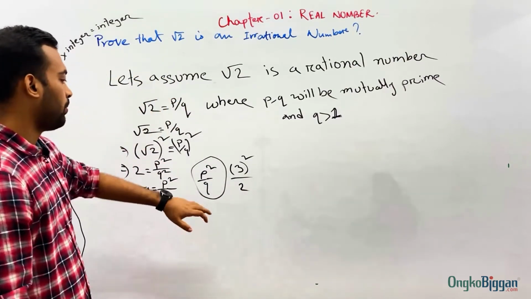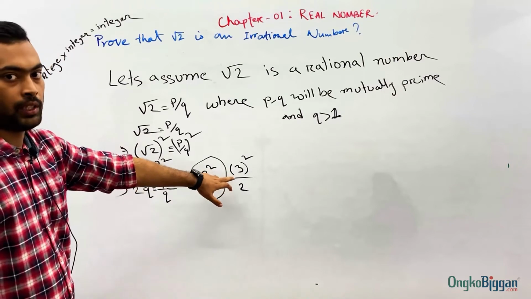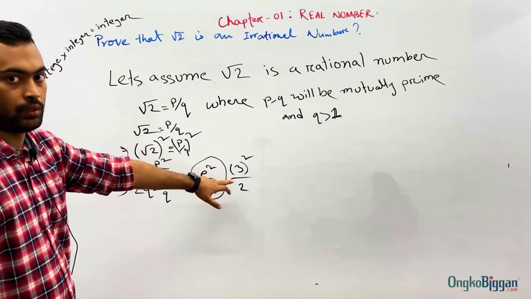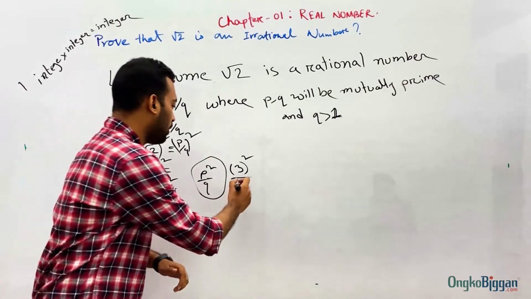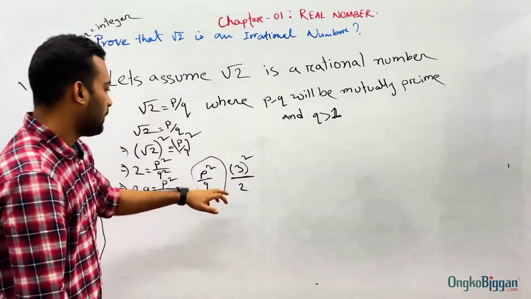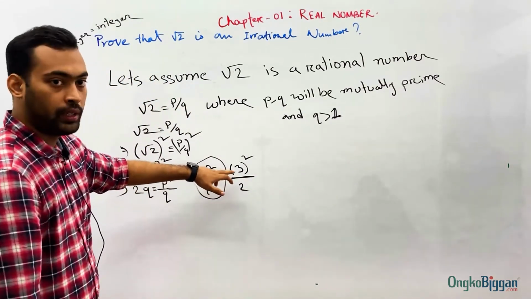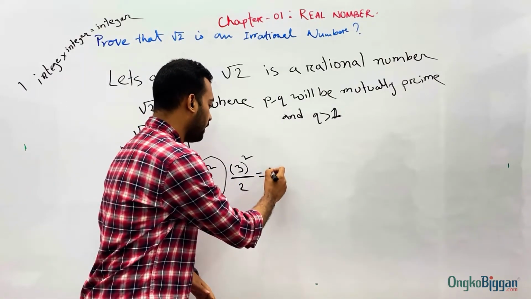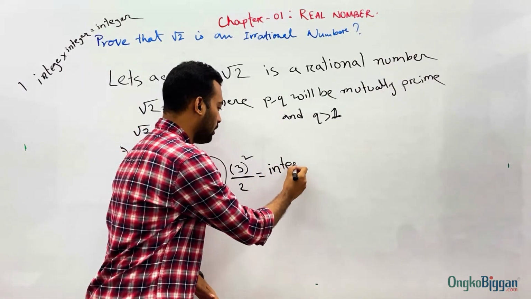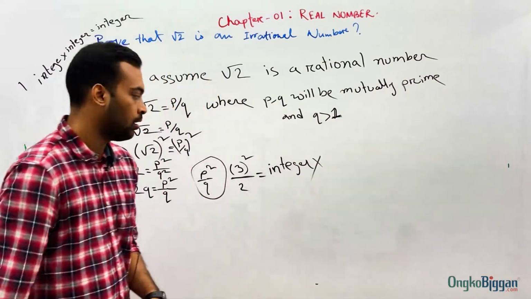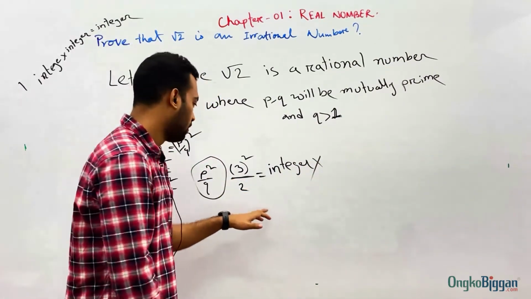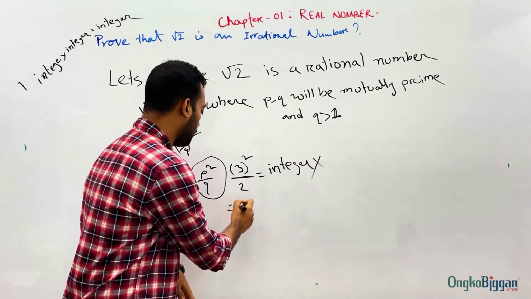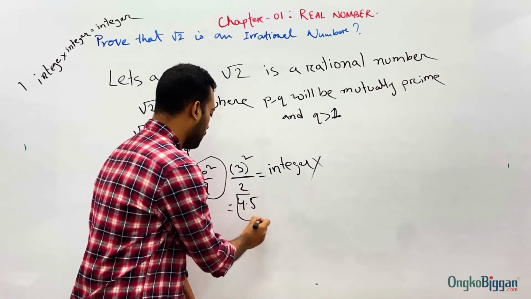Remember p and q are mutually prime, right? There are no common factors between these two. So when you put it in this format, we get a fractional value. So this will never be an integer. It gives us a fractional value, like 9 by 2 is equal to 4.5.